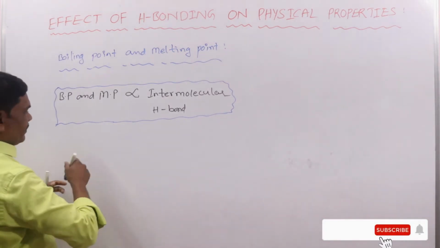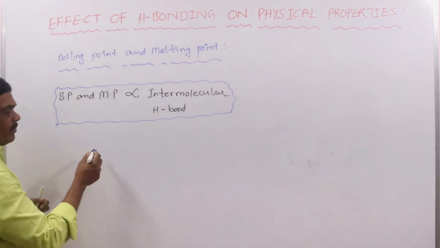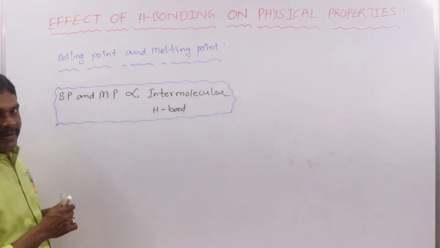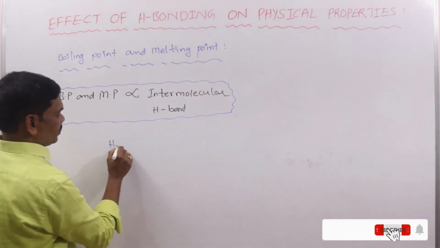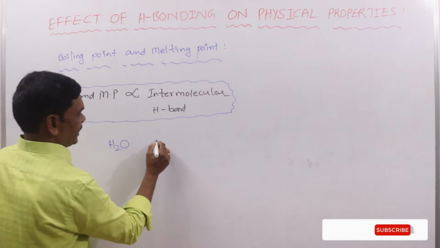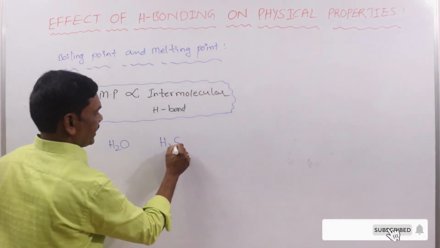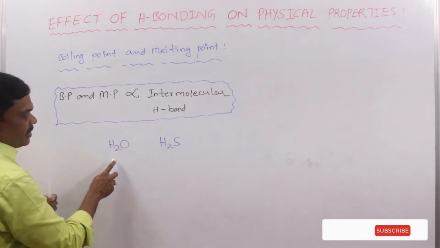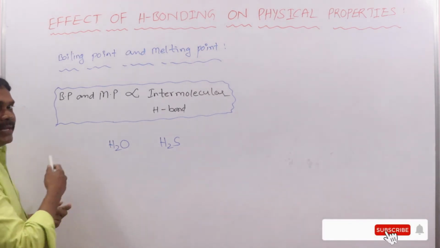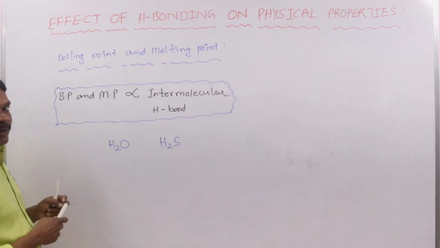Let us take one example: water molecule and hydrogen sulfide, H2O and H2S. In the water molecule, the extent of hydrogen bonding is more, so its boiling point is more.